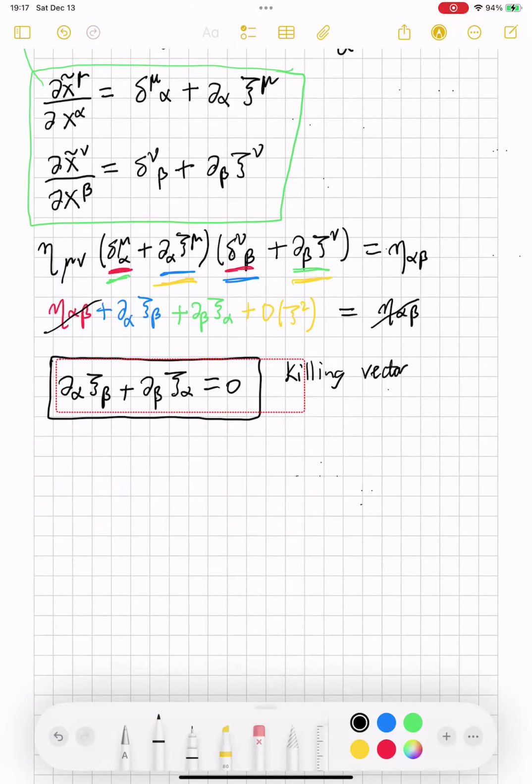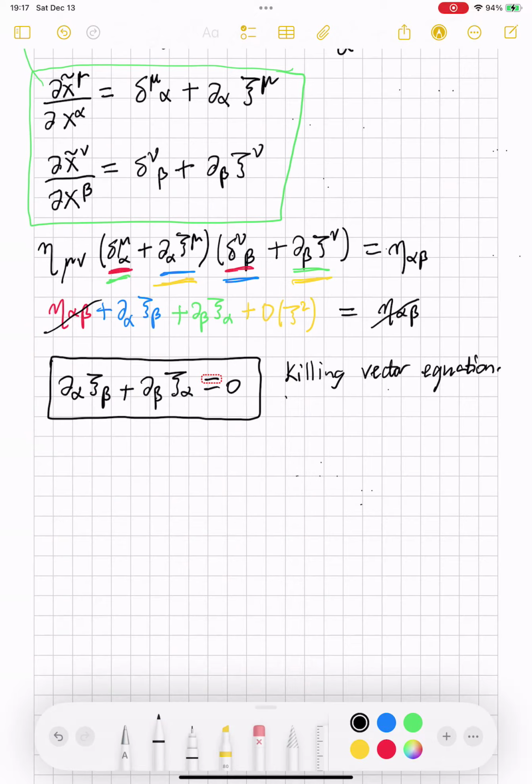Now, you might think that with the name, the Killing vector equation, there's an interesting explanation of why it's called Killing. Well, not such an interesting explanation. Killing was just the family name of the first mathematician who discovered this. And this is just describing the coordinate transformations that preserve the Minkowski spacetime.